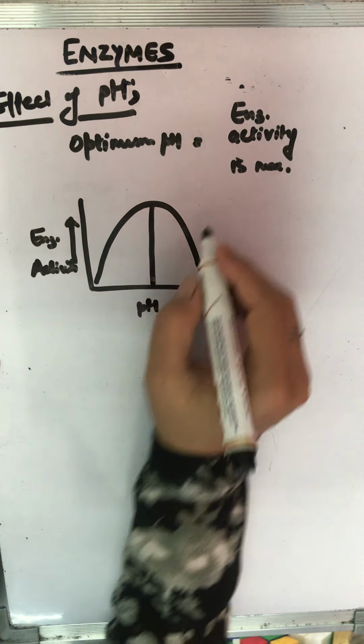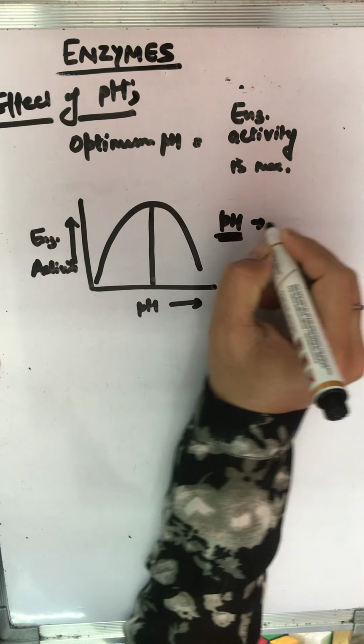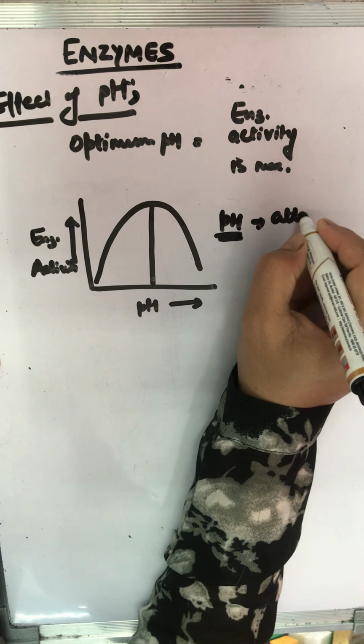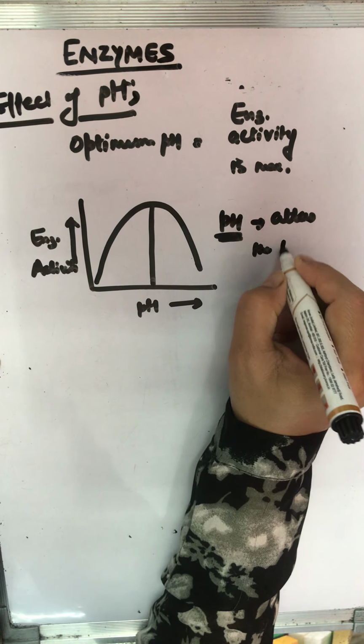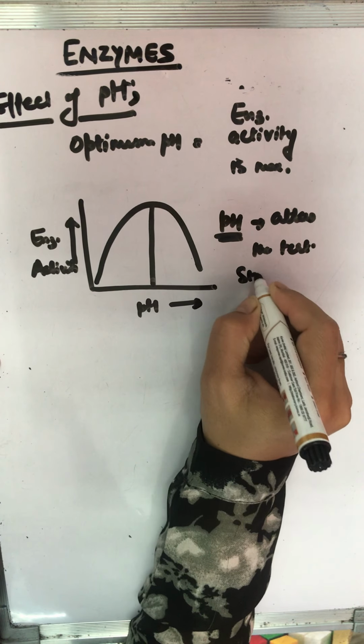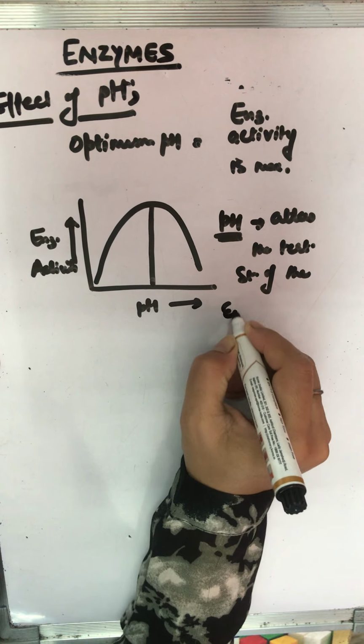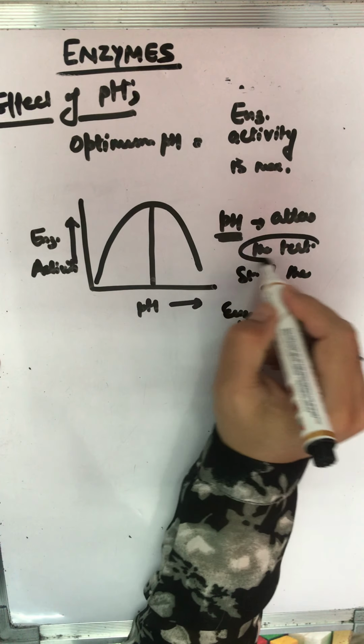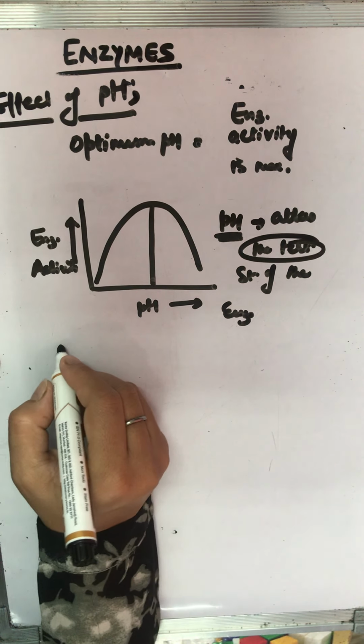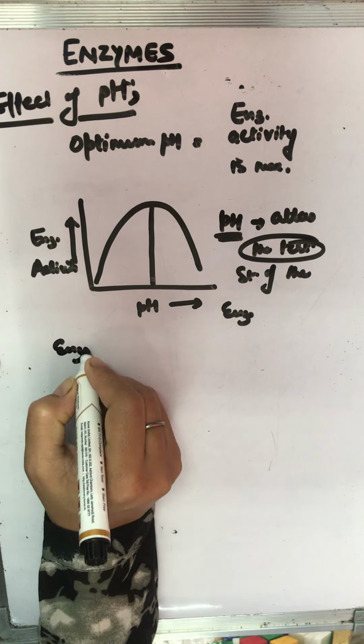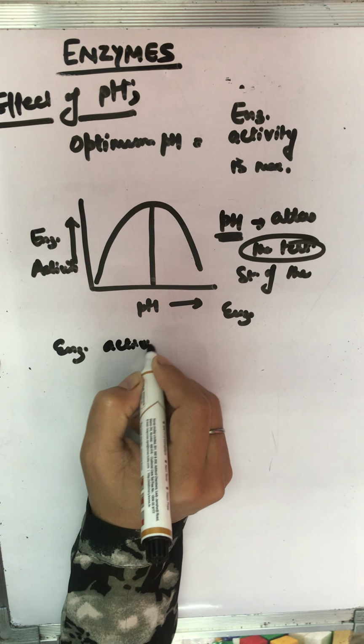And how will changes in the pH affect it? It alters the tertiary structure of the enzyme. If the tertiary structure of the enzyme gets altered, automatically the enzyme activity decreases.